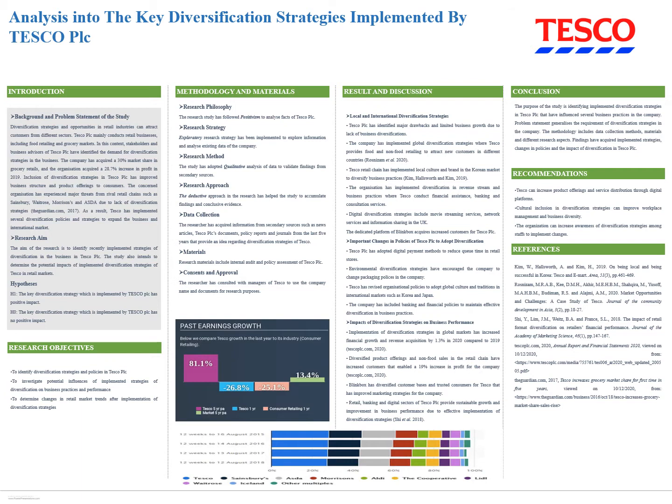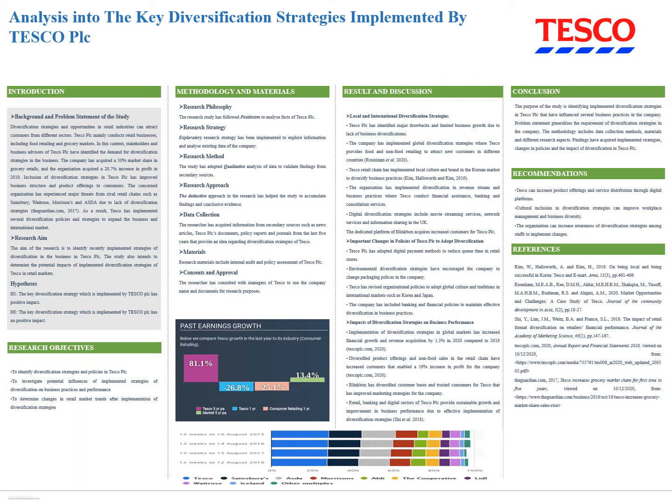Data collection: the researcher has acquired information from secondary sources such as news articles, Tesco Plc documents, and policy reports and journals from the last 5 years that provide an idea regarding diversification strategies of Tesco.